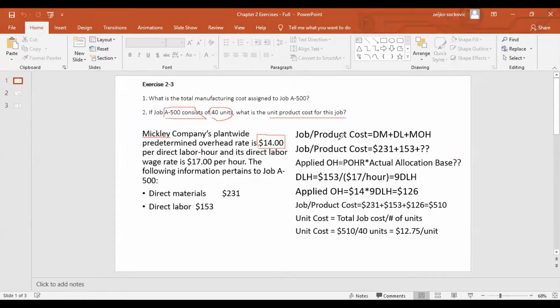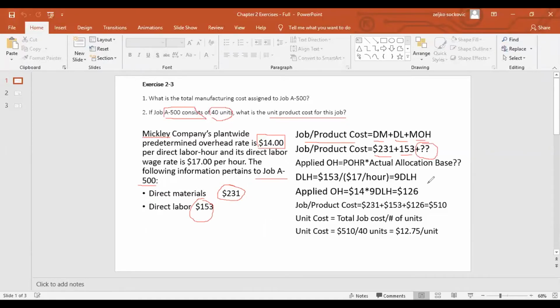We always remember, again, procedures, steps. What goes into product? Direct materials, direct labor, manufacturing overhead. Okay. So I'm looking right away. What are my direct materials for this job? Job A500 requires 231 in direct materials, 153 in direct labor. Okay, they're here. Boom. Now overhead left.